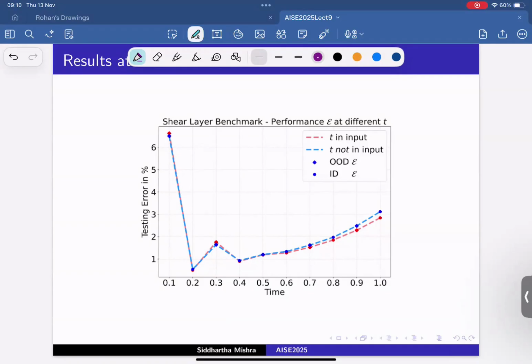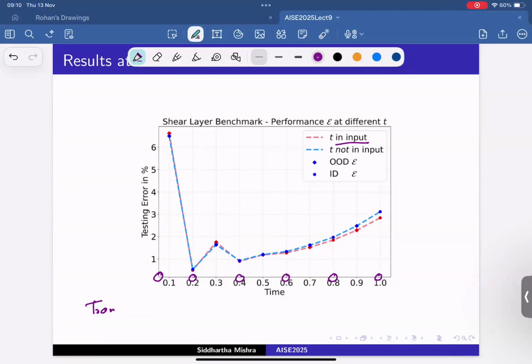So your trajectories, your training data, are sampled. So this is this input, right? Your training data is at t equal to 0, which we don't write here, 0.2, 0.4, 0.6, 0.8, and 1.0. Okay, so this is where your training data is.